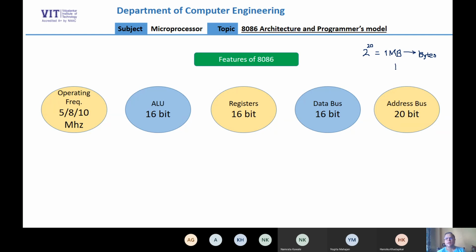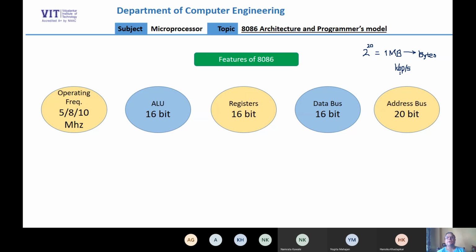That is normally specified like this: kbps. Have you come across this specification, kbps? This is called kilo bits per second.